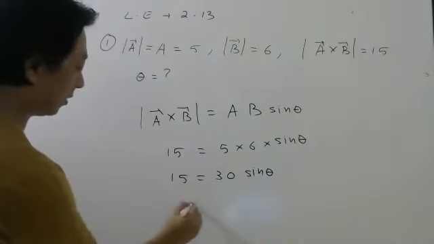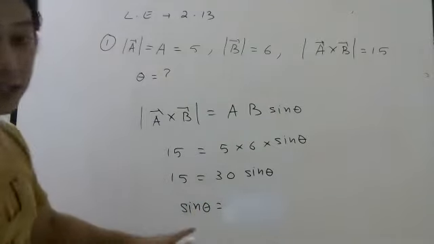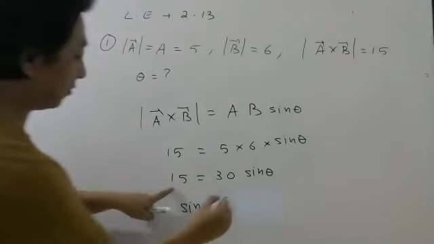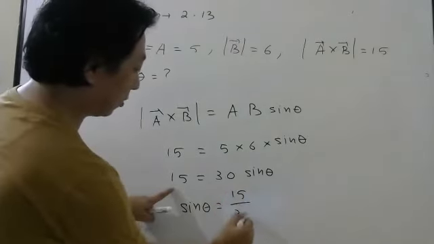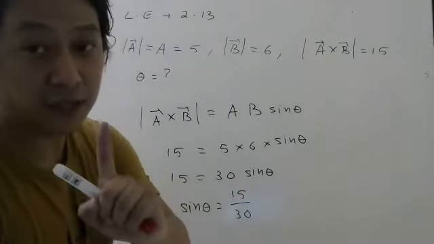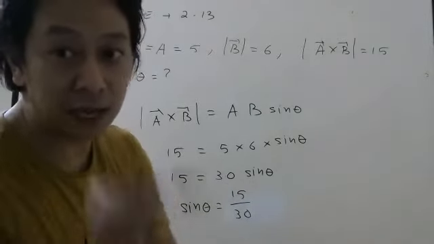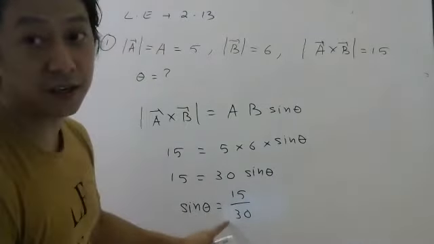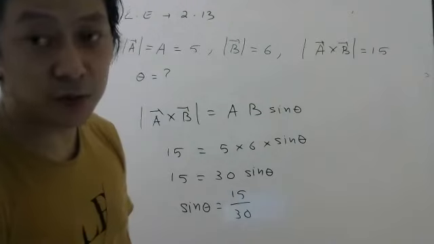So sine theta will be 15 by 30. Many times I have seen students writing here 30 by 15. You have to be careful. This is 15 by 30, because if you cross multiply, you should get this. Many students, even good students in exams, when they are in a hurry, write this sine theta as 30 by 15. So be careful about the small things.